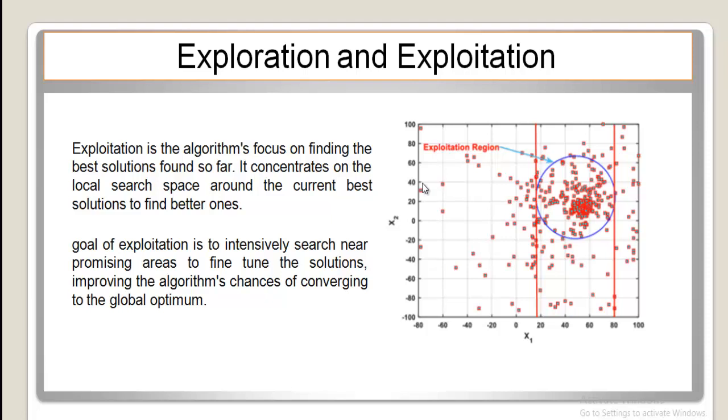Exploitation requires careful balancing to deepen the search without getting stuck in local optima. By intensifying our search near the promising areas, we are sharpening our solutions, refining them bit by bit, and ultimately boosting the algorithm's chances of converging to the global optimal.